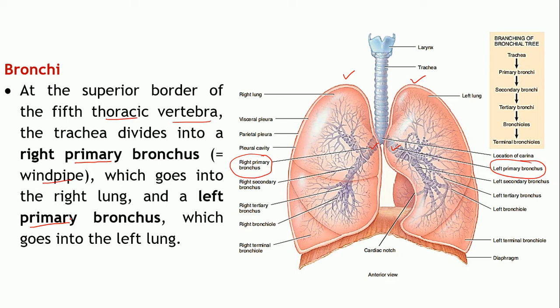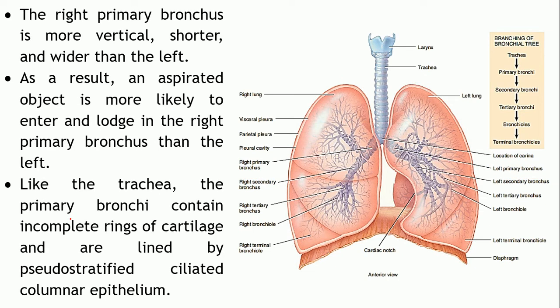That's why these are known as the primary bronchi, and there are two, each of which enters the respective lung. Now out of these two bronchi, the right primary bronchus is more vertical, as you can see. Its slope is steeper. Even it is shorter, as you can see.